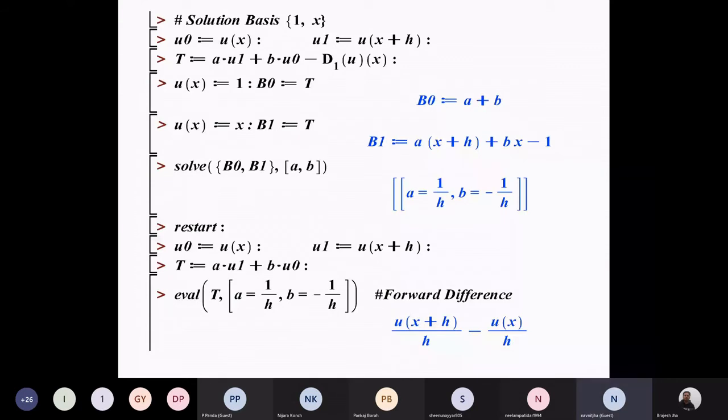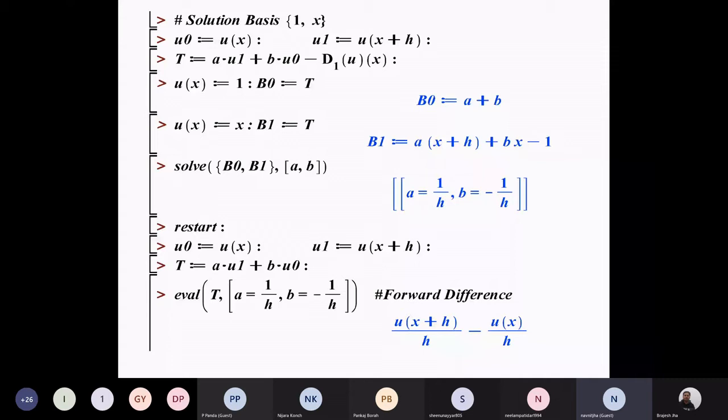Listen, just consider that the solution basis is 1 comma x. Solution basis means you are finding the derivative of a function. So the derivative consists in the basis of 1 comma x, and can be represented by a linear combination of 1 and x, suppose.